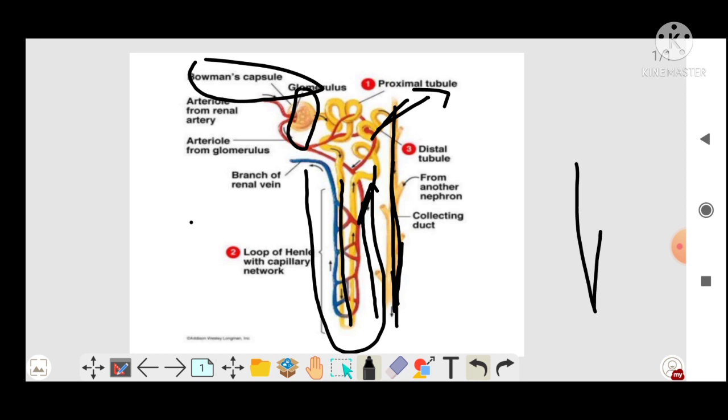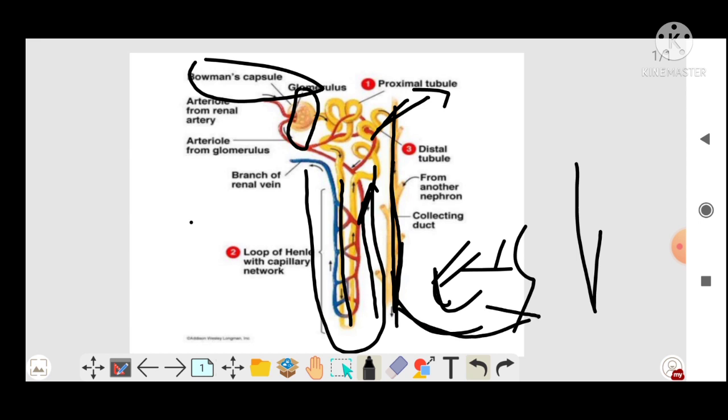After that, this nitrogenous waste, with excess water and salt, comes through the ureter and enters into the bladder. From there it is sent out of the body. In this way the human excretory system works.